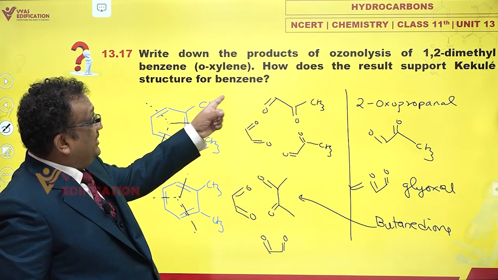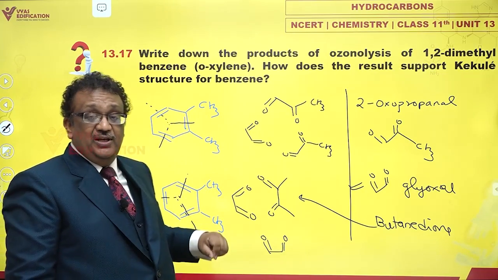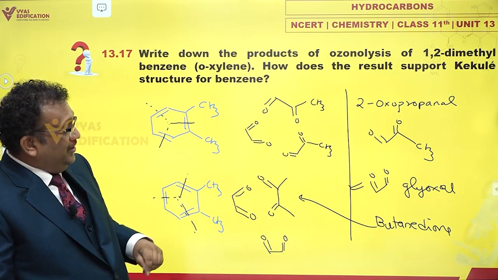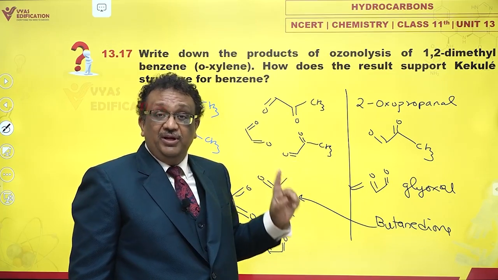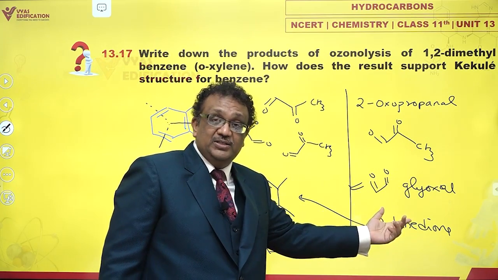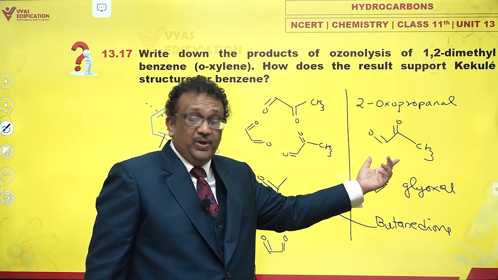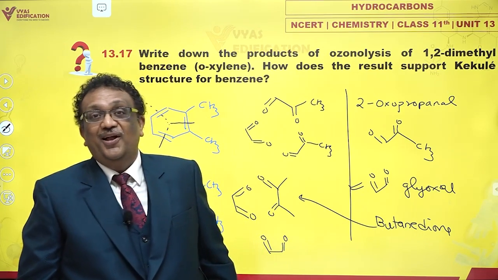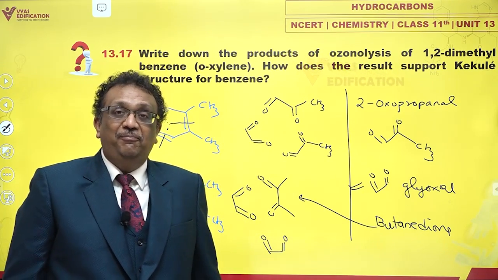Actually, when you ozonolyze 1,2-dimethylbenzene or o-xylene, you obtain not 2 but 3 different products. You obtain glyoxal, you obtain 2-oxopropanal, and you also obtain butanedione, which is a kind of proof.